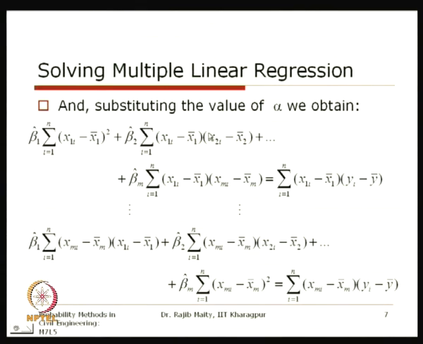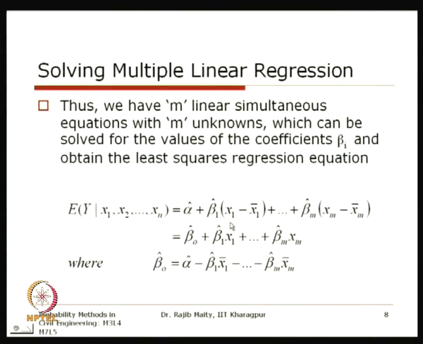So, in this way there are m simultaneous equations and m unknowns. Thus we have m linear simultaneous equations with m unknowns, which can be solved for the values of the coefficients beta i, that is beta 1, beta 2 up to beta m, to obtain the least square regression equation.